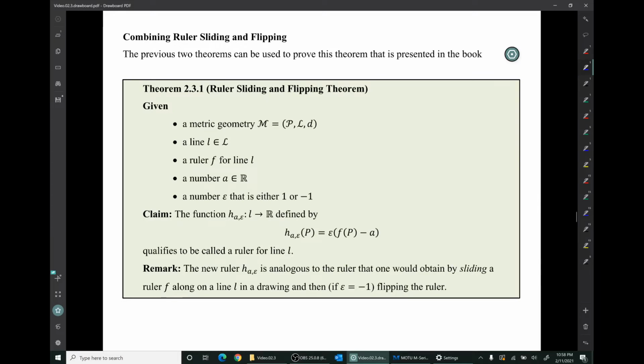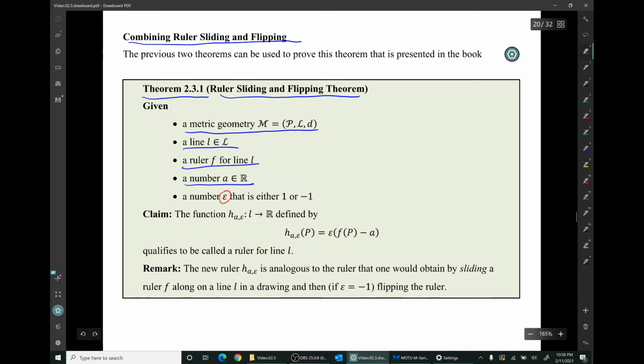Now I want to talk about combining ruler sliding and flipping. The previous two theorems, the ruler sliding theorem and the ruler flipping theorem, can be used to prove this theorem that's presented in the book. It's theorem 2.3.1. I call it the ruler sliding and flipping theorem. So you're given a metric geometry, you're given a line L, you're given a ruler for that line, given any number a, that's a real number, and you're given a number epsilon that's either 1 or -1.